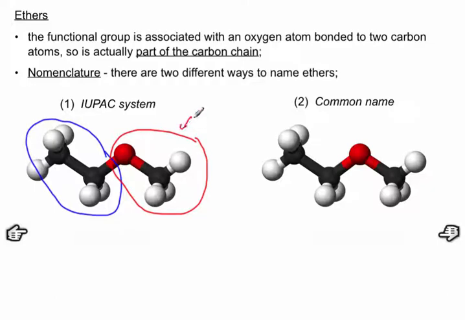This particular branch is known as an alkoxy branch, and I hope you can see why. It has the oxygen attached to it, and it has some sort of alkyl component, in this case a methyl. Because it has one carbon, it becomes a methoxy branch.